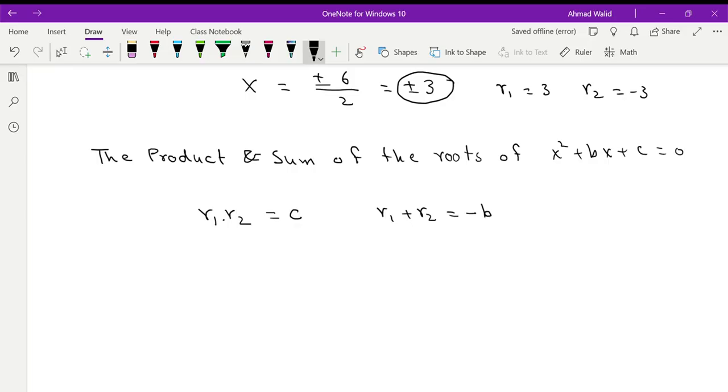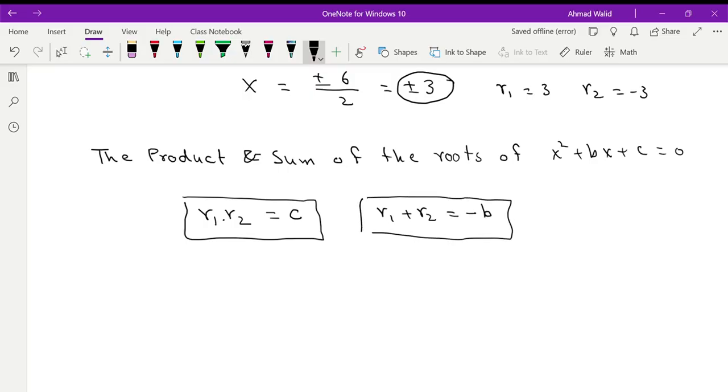That's the reason. Correct? Now, I can do a proof for you that these two statements are correct. I will show the proof for you, but again, you are not required to learn the proof.